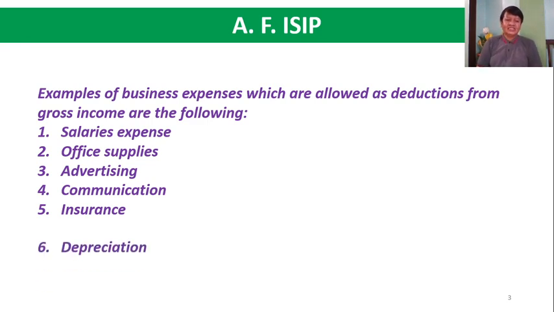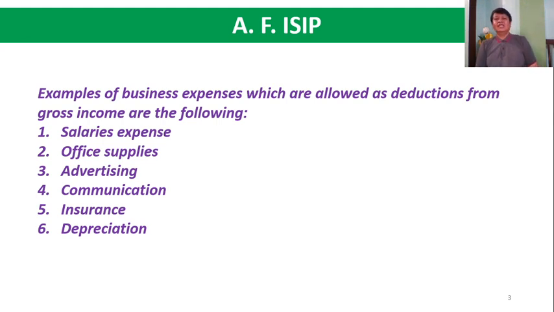The next example is depreciation expense. I hope you have finished your fundamentals of accounting and you are already familiar with depreciation expense. Depreciation came from the root word depreciate, meaning the value diminishes. When you purchase an asset, for example, you acquired a machine worth 500,000 pesos and the estimated useful life of that machine is 10 years.